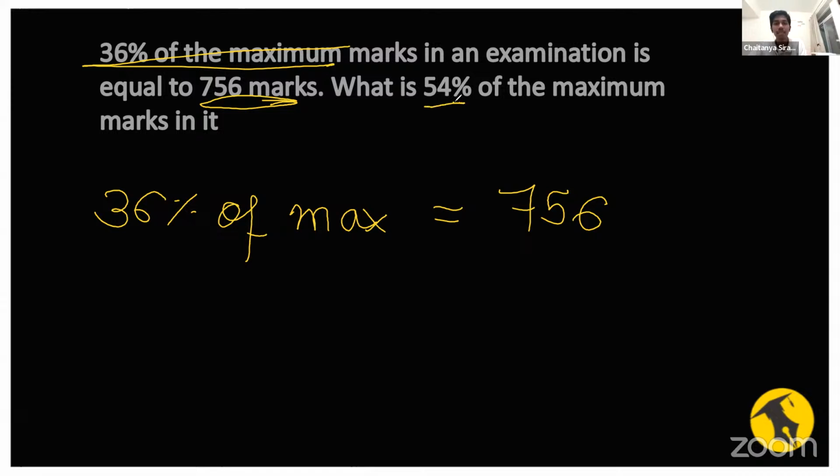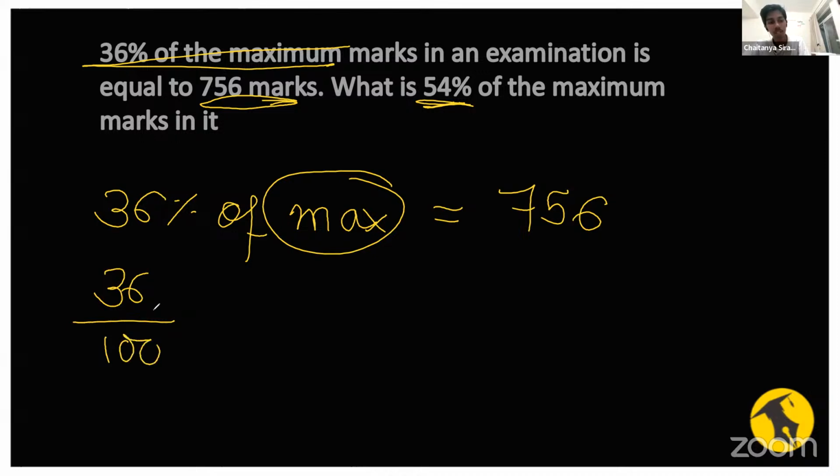And now they are asking us 54% of maximum. So we can find the maximum first. How can we find the maximum? I can write 36% as 36 upon 100 into, let's say, max, equal to 756.